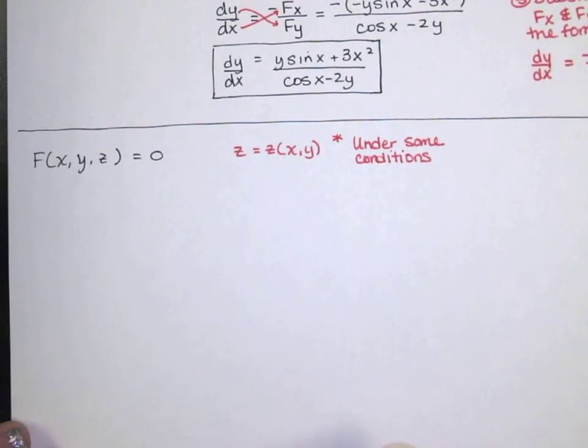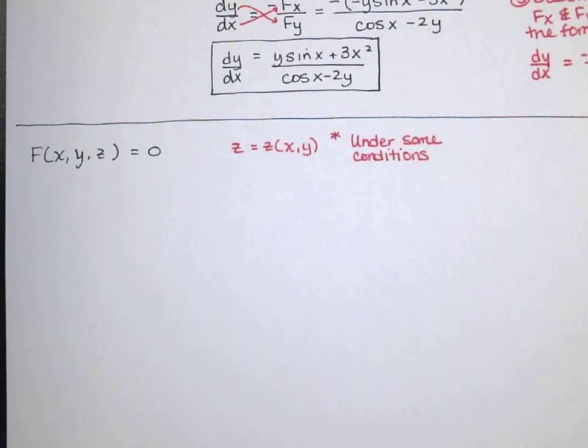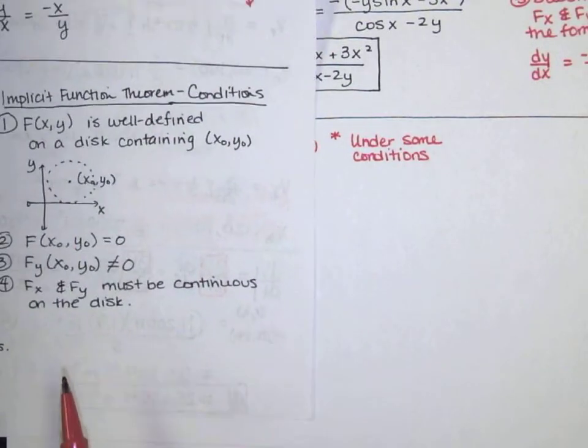And they're pretty much the same conditions as before, those that we stated for the implicit function theorem before still hold here. But now I've got a function of x, y, and z.